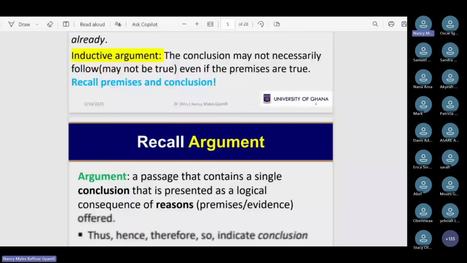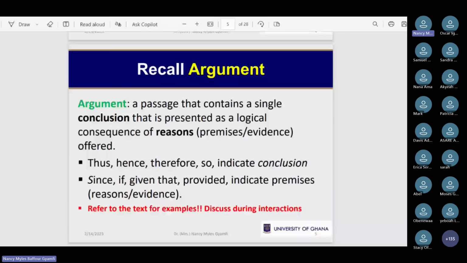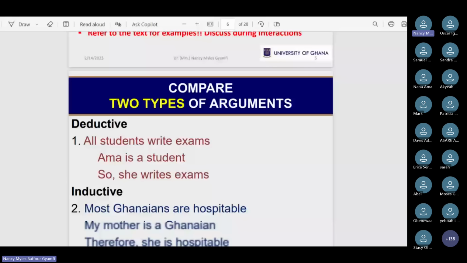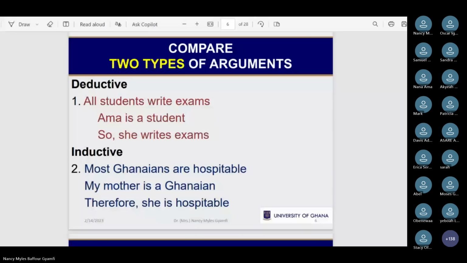To help you remember, I put these slides there to help you remember what an argument is, unit 3, the types of arguments. Then we went through this example that I want to do again. Everyone look at your screen. If I told you all students write exams and I added that Amma is a student, then it would have to follow necessarily that she writes exams.